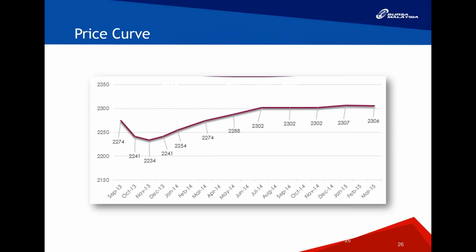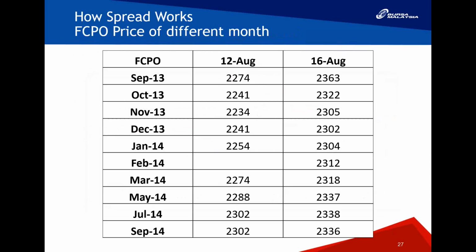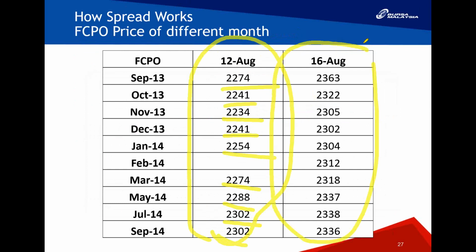Let's say, for example, here you can see that CPO price is quoted in different months, right? Here we can see this is one day of data, on the 12th of August. These are the different prices. That means every single contract of CPO is quoted at a different price. And the next day, the price goes up or down depending on the market situation.